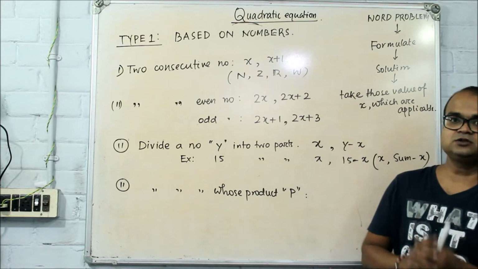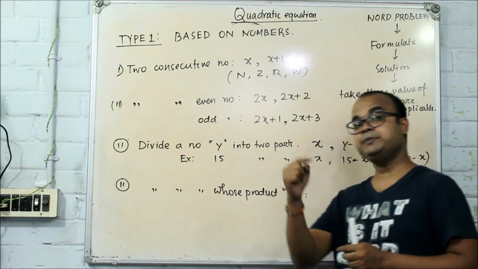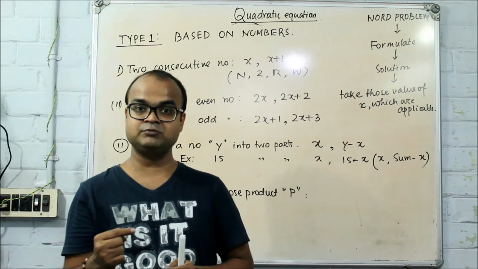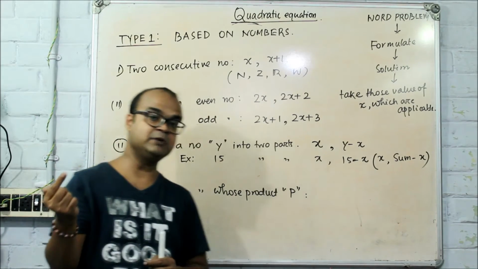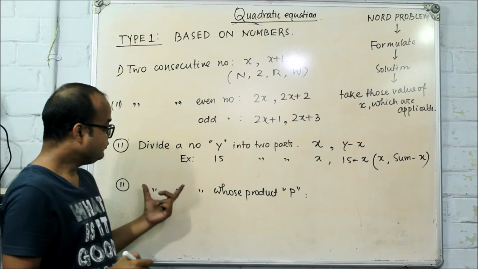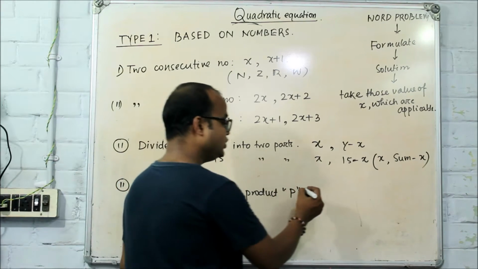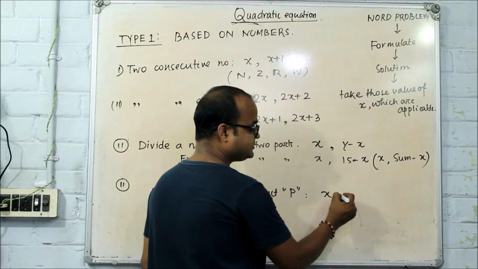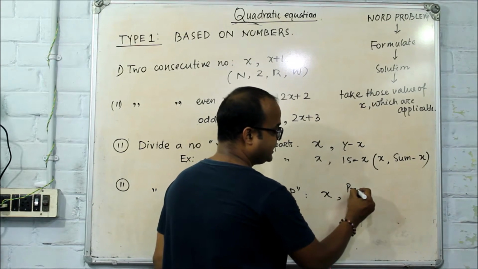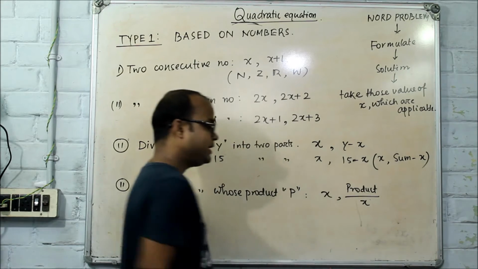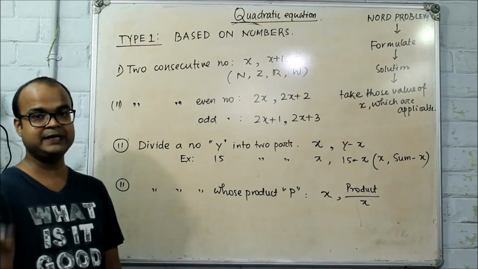Suppose one number is 3. So the other number will be 27 by 3, that is product by the first number. So you are getting the number as 9. So if you need to divide a number whose product is p, then your assumption will be x comma product by x. X comma product by x.